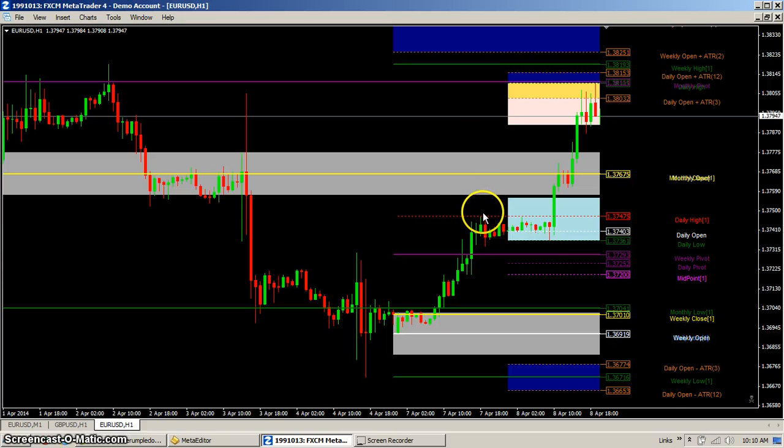It would make sense to me that I would stay long at least to the daily open, which would be here. So maybe between we got 4. That's only 7 pips.